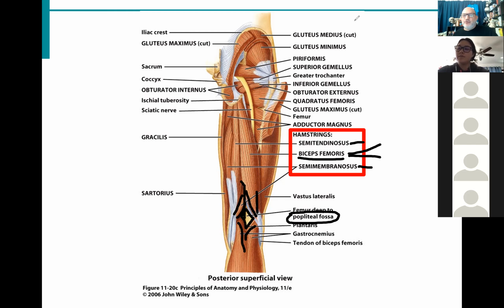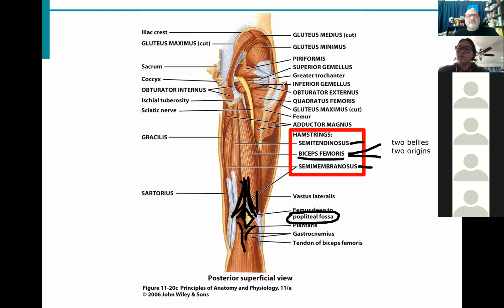And if it has two bellies, what else does it have? Two origins. Absolutely. So notice, essentially, we have two bellies of one muscle that come to one side, and then two muscles that come to the other side in our hamstring.